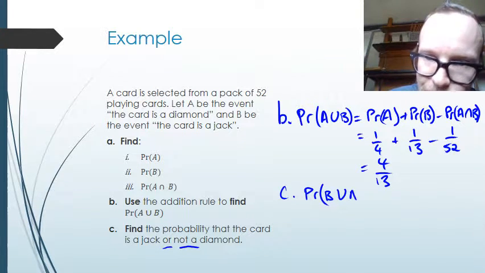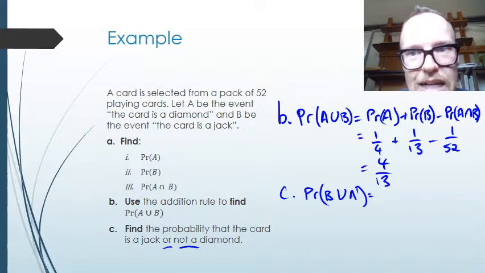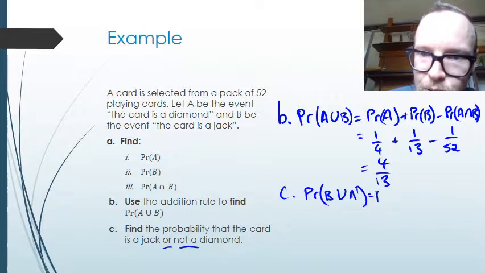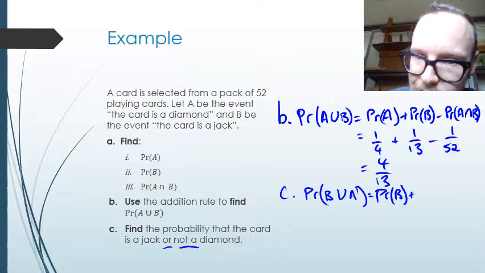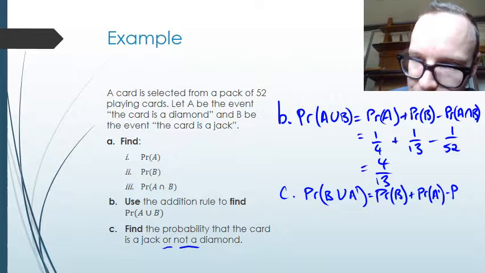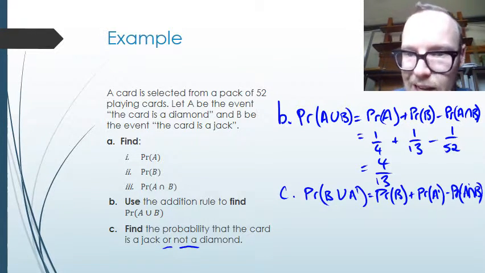The card not a diamond is A dash, or not A. So we can just use our addition rule here: the probability of B plus the probability of not A minus the probability of the intersection of not A and B.